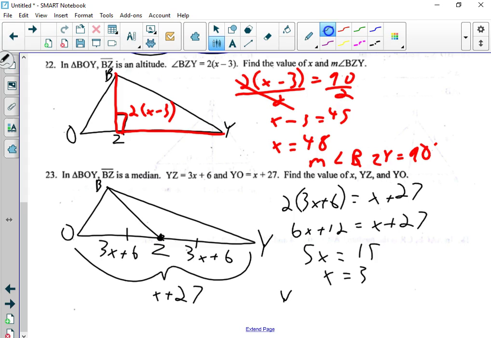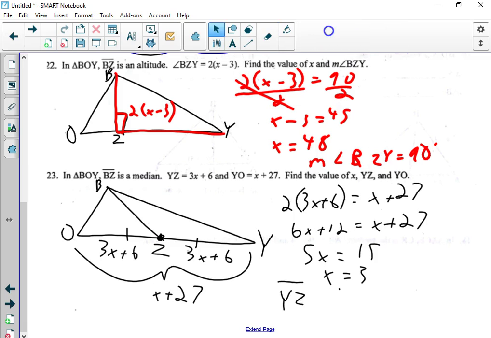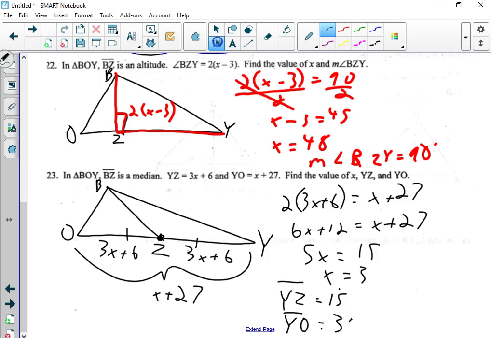Gotta be careful there. YZ is 15. YO, which is the entire thing, is 30.